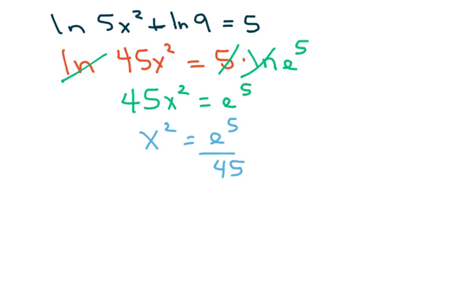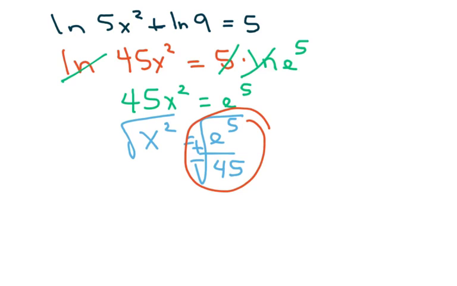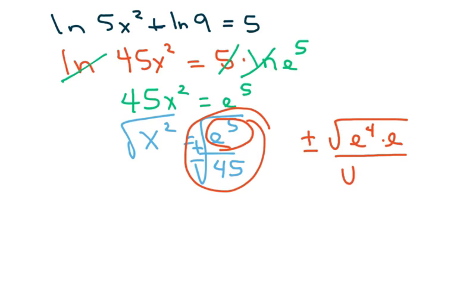Then square root both sides. That means plus and minus. Now when I do this, I'm going to rewrite this as plus and minus square root. I'm going to break up e to the 5th. It's e to the 4th times e over square root of, what is this, 9 times 5. Do you see why I did that?